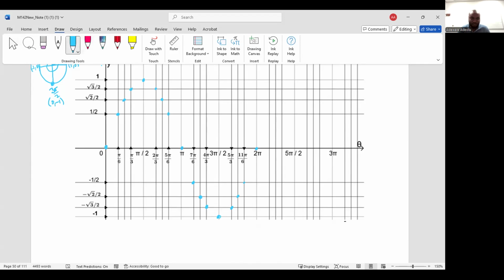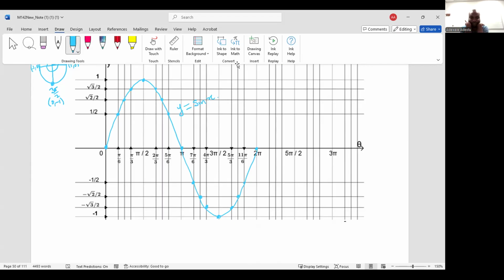If I join everything together, I will have something like this. Okay, we have this, and we call this the graph of sine x. The graph of sine x.